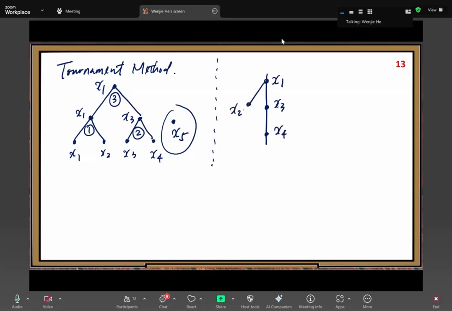Then X5. That's the current state. Next, elimination method. So this round, elimination.